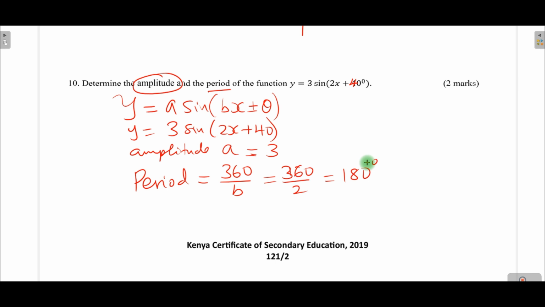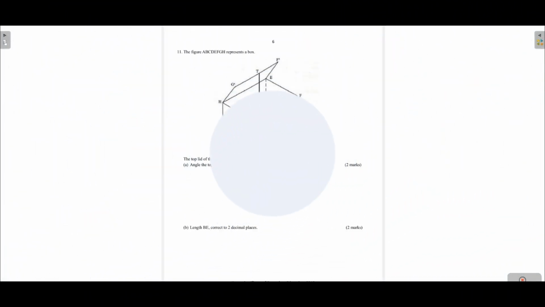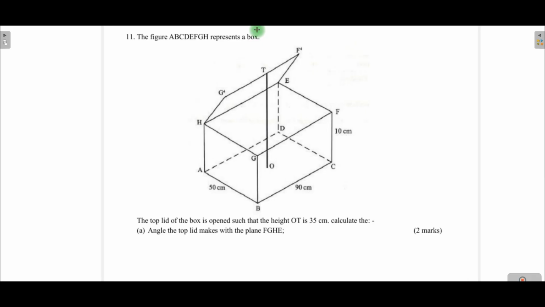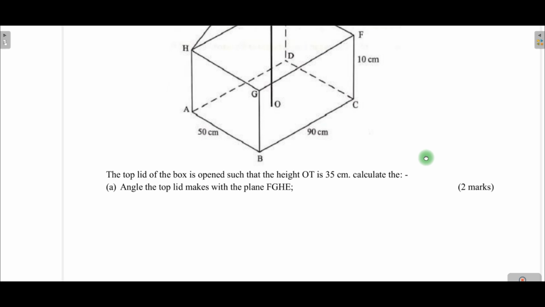Question 11. For question 11, the figure A, B, C, D, E, F, G, H represents a box. Here is that figure.